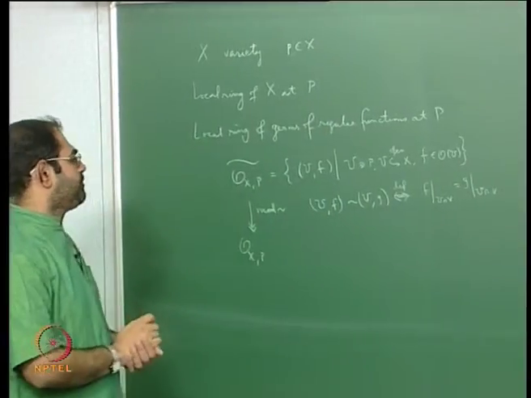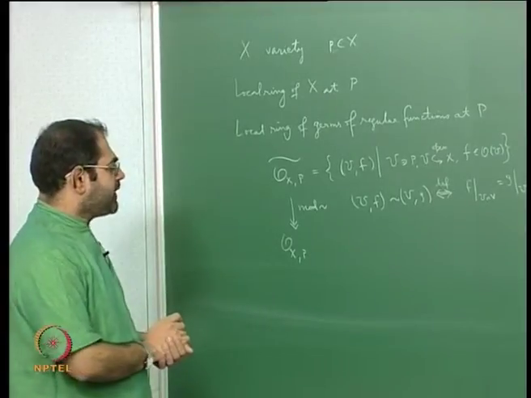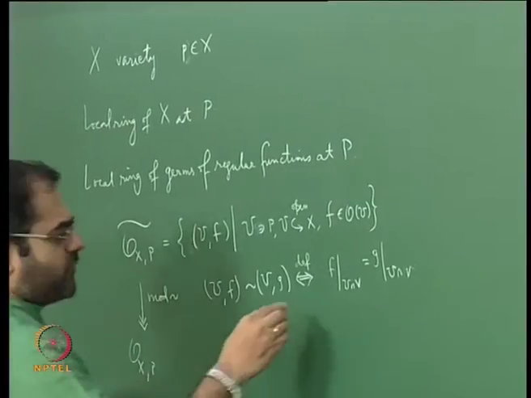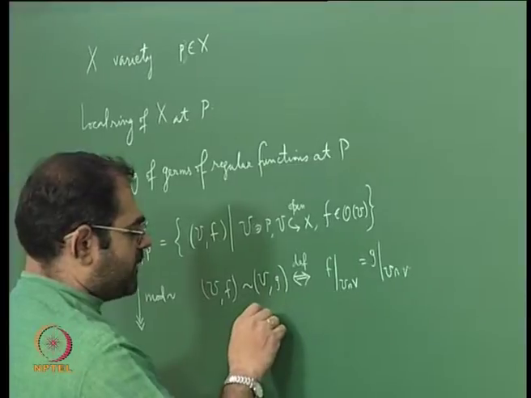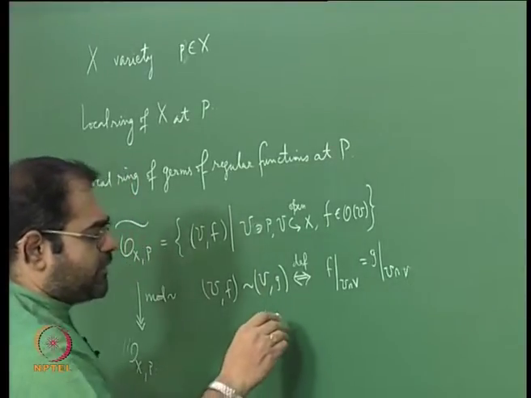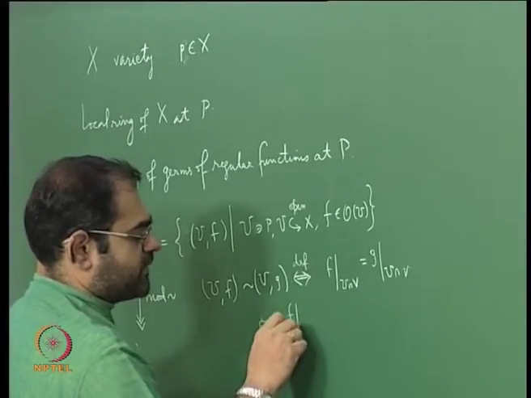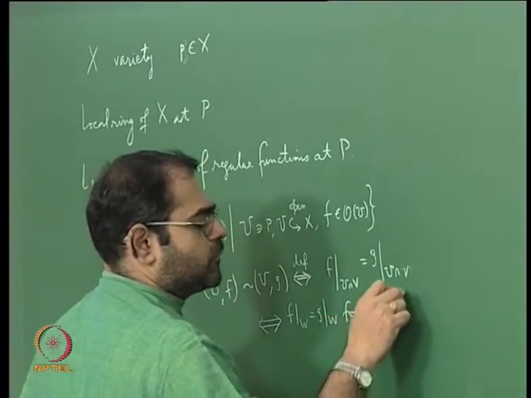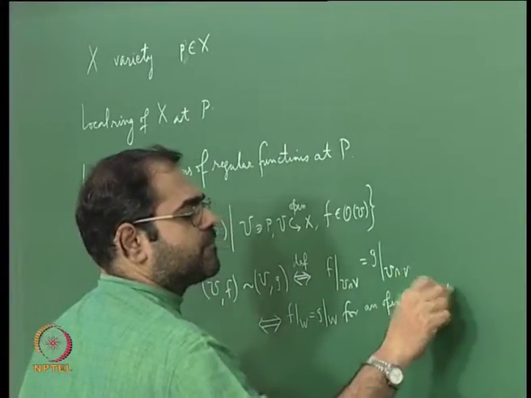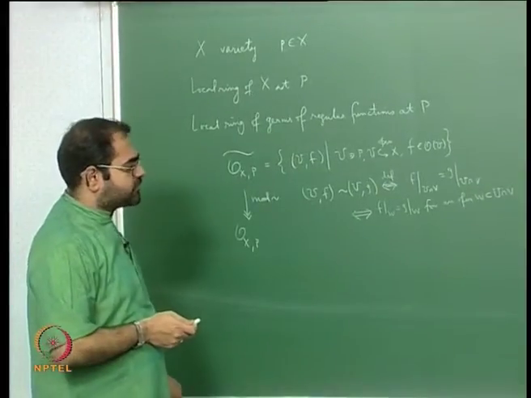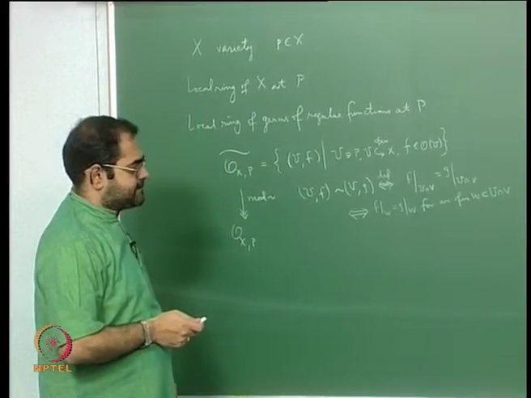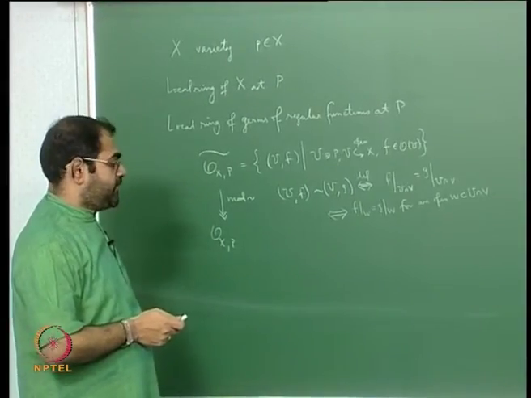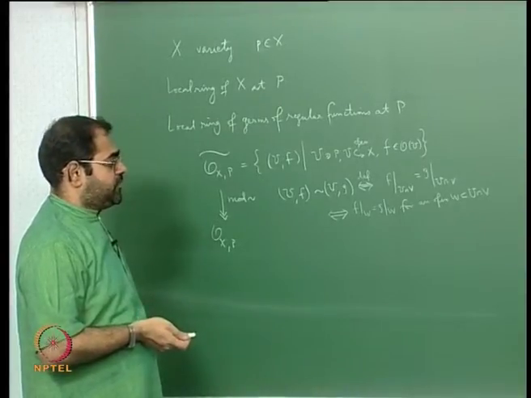So this is an equivalence relation. You are just identifying functions on the intersection, and of course this is also equivalent to just requiring that F restricted to W is equal to G restricted to W for an open W inside U intersection V, because if two regular functions coincide on a non-empty open subset, then they of course coincide everywhere.